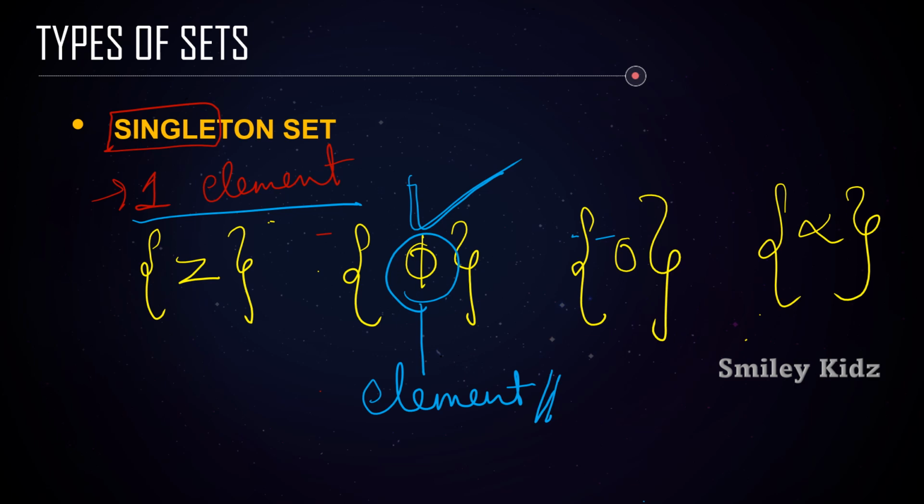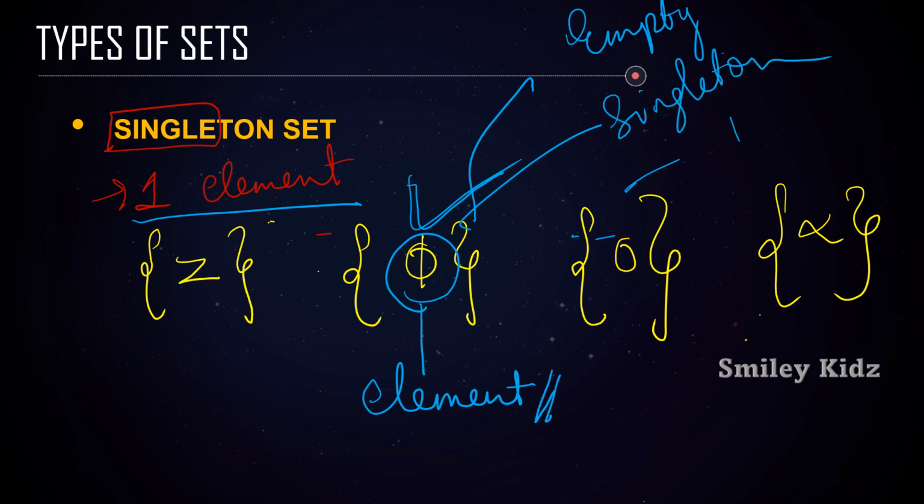So such a set can be either an empty set or a singleton set. Phi can itself be one element, or phi can be used to represent an empty set. So if suppose there is a set like this, it is both an empty set and a singleton set.